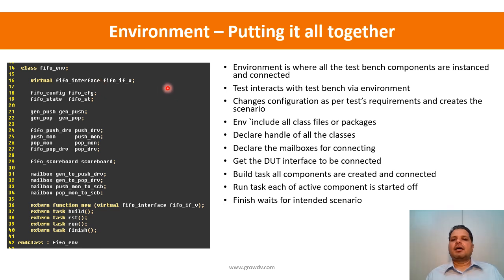The environment is the place where all the test bench components are instanced and connected. The only part remaining after we define the environment is a test object. We'll have a test which instances the environment and accomplishes the scenario. That's the only part that will be left.